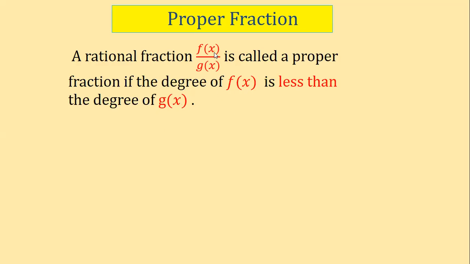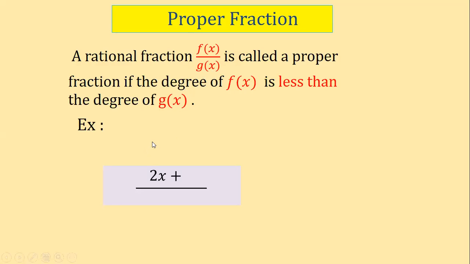So in this, the numerator is f of x and the denominator is g of x. The degree of the numerator should be less than the degree of the denominator. Then it is said to be a proper fraction. So let us see with an example.